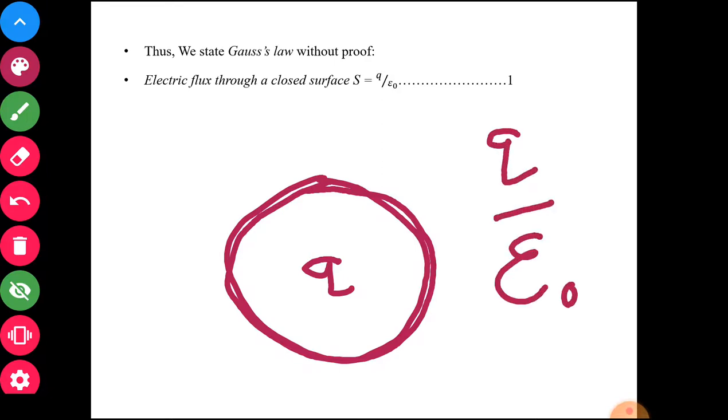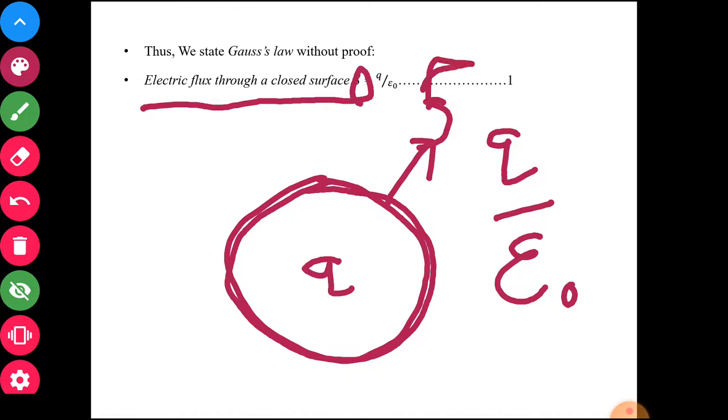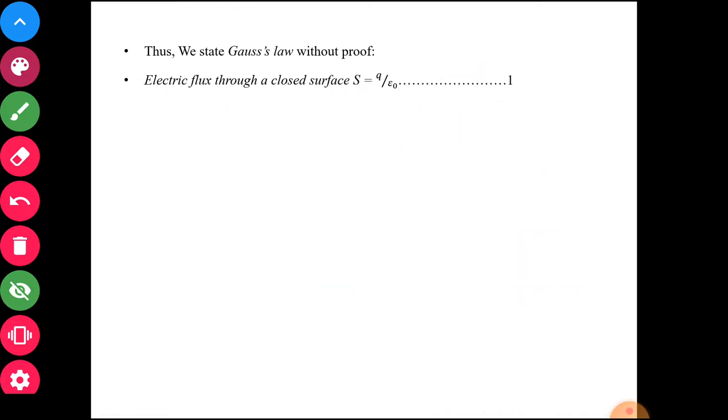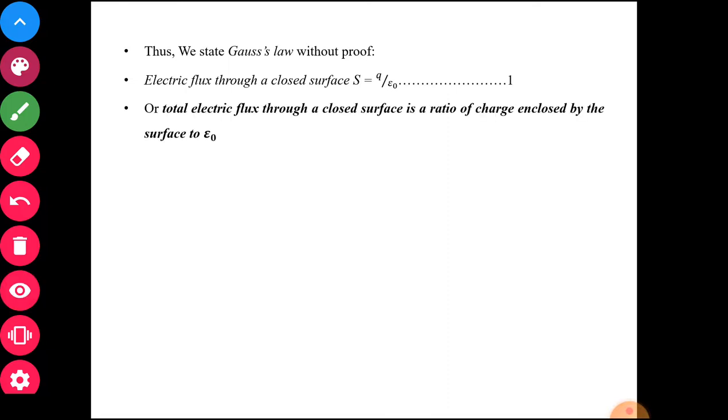So electric flux through a closed surface S, the surface area is S, is given by charge enclosed upon permittivity of free space. So we can write this Gauss law, that total electric flux through a closed surface is the ratio of charge enclosed by the surface to epsilon 0.